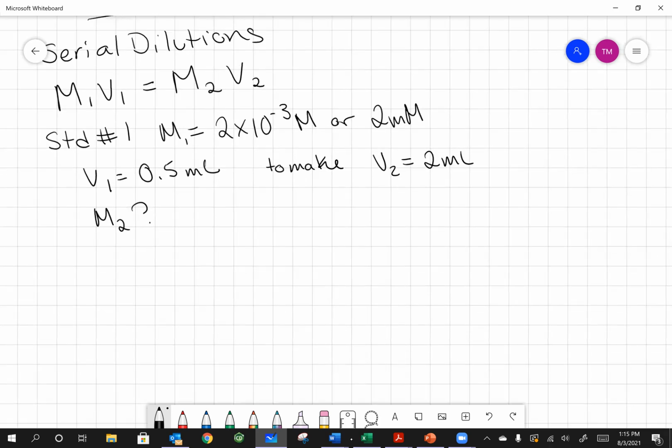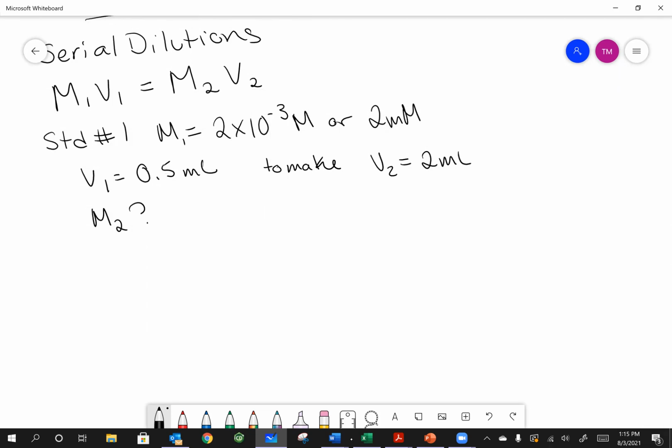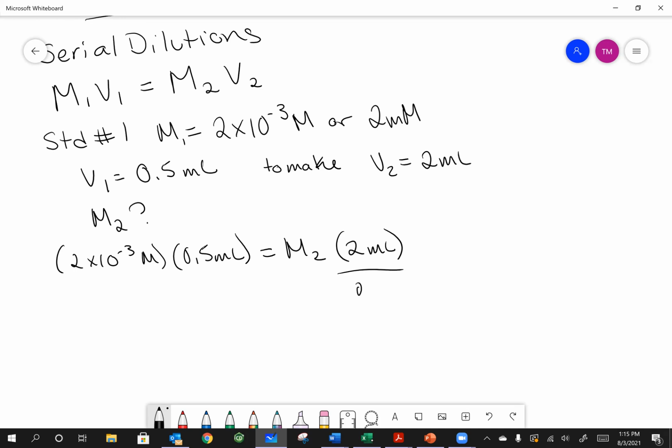If we put this into M1V1 equals M2V2, we have 2 times 10 to the minus third molar times 0.5 milliliters equals M2 times 2 mils. So we're going to divide both sides by 2 mils, so the milliliters cancel out.